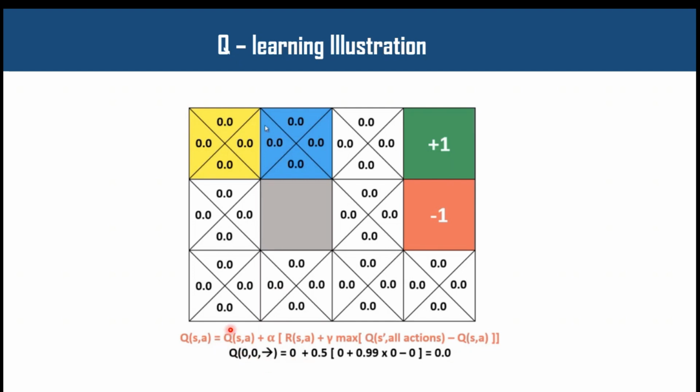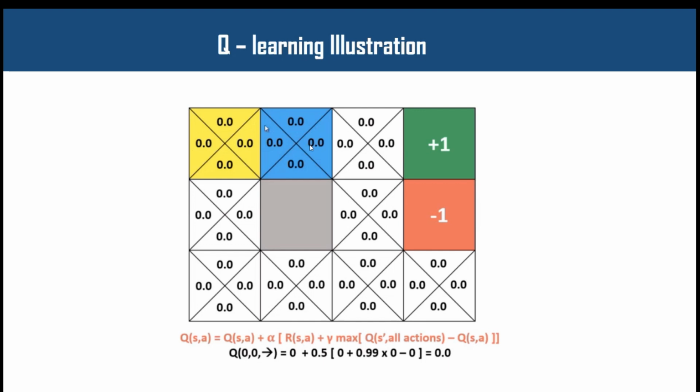And then you can see the Q-learning equation based on the Markov Decision Process. Q of S comma A is the current state, in yellow. What are the values here? All are 0, so we get 0. Plus the learning factor alpha, which we will keep as 0. And then this area is nothing but the immediate reward. Will it get any reward here? Because all are zeros, it is not getting any reward.